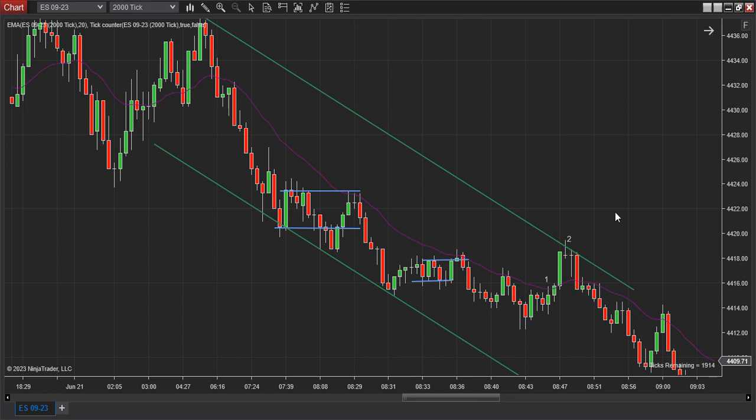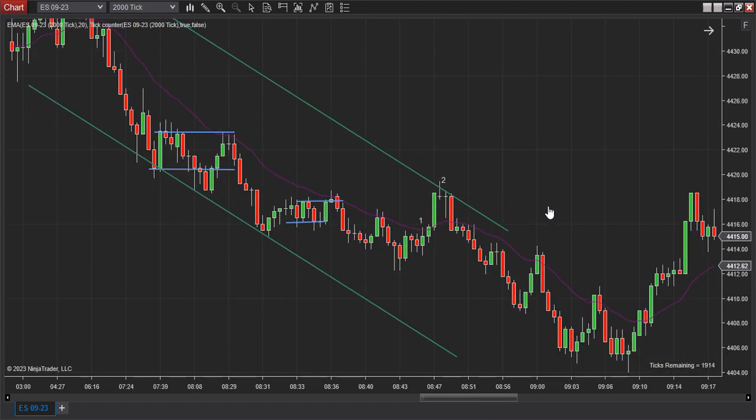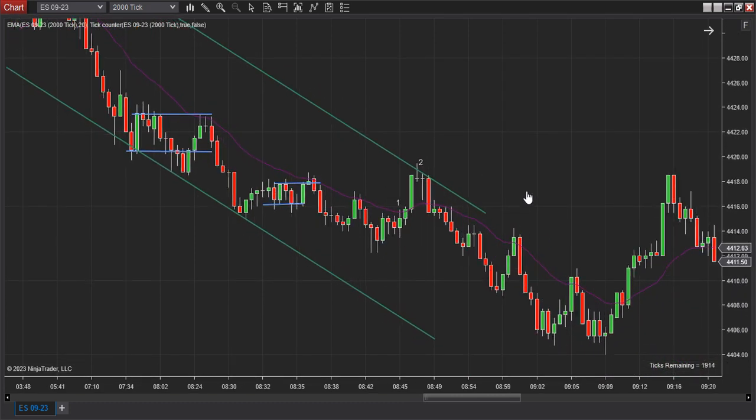Now that we've identified these, all we need is simply just a signal to enter. So we look for second entries, first entry short here, second entry short here, at the channel line. And as you can see, had a nice trade in there.